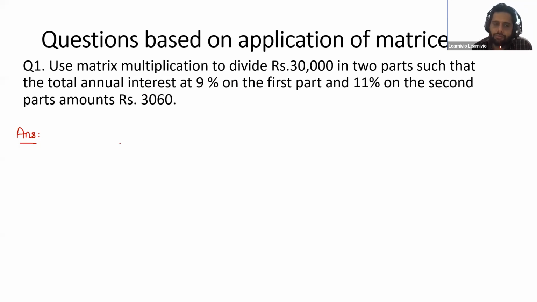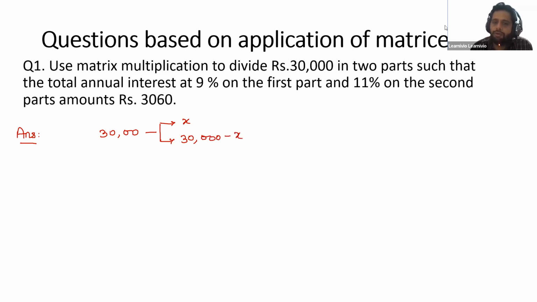So what is the question? You have 30,000 rupees. You need to break this amount into two parts. For example, the first amount we have taken as x, the second amount we have taken as 30,000 minus x.